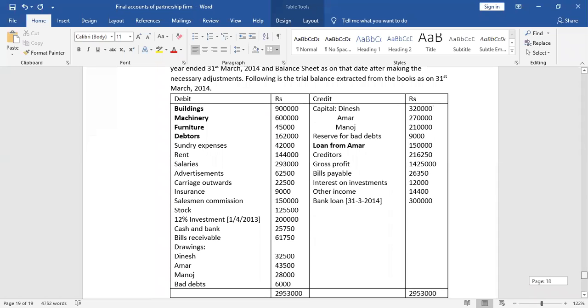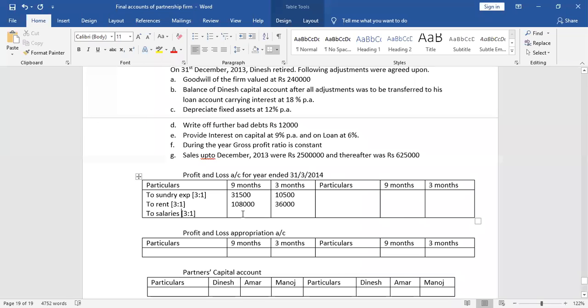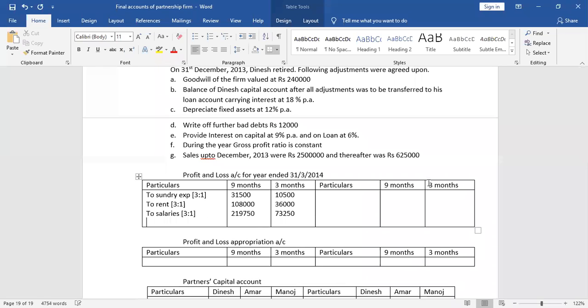Salaries is 2,93,000. So divide in the same ratio. 2,93,000 into 3/4, it is coming 2,19,750 and 1/4 is coming 73,250.